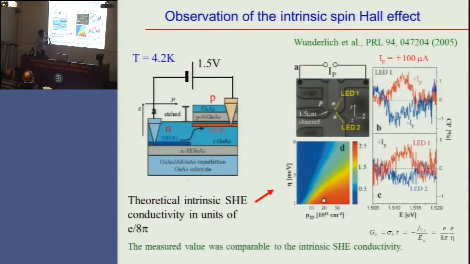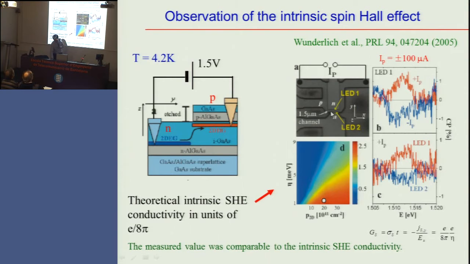The next experiment, done by other groups, shows the intrinsic spin Hall effect. Their idea is like this. Instead of shining light and using the Kerr measurement, they use an LED, simply like this, by flowing a current through these small channels.